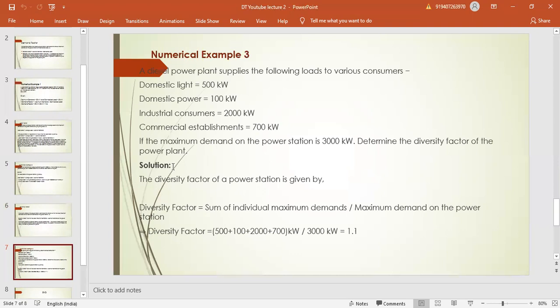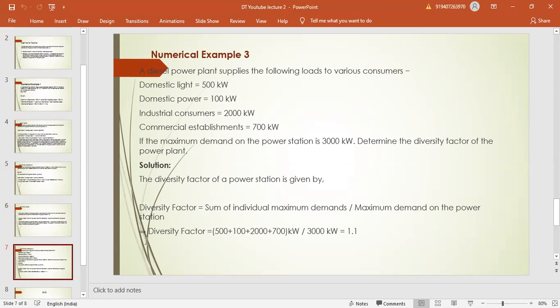So how can we find out? We know diversity factor of a power station is given by sum of individual maximum demands divided by maximum demand on the power station. So we have individual maximum demands here: domestic light, domestic power, industrial consumer, and commercial establishment. We will have to add all these.